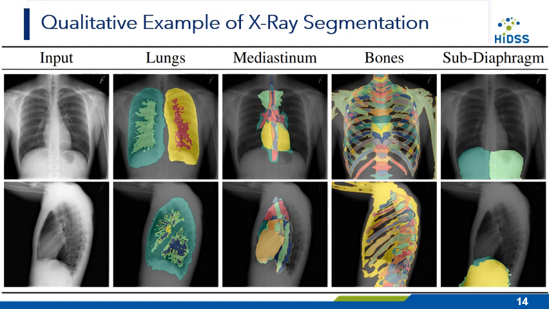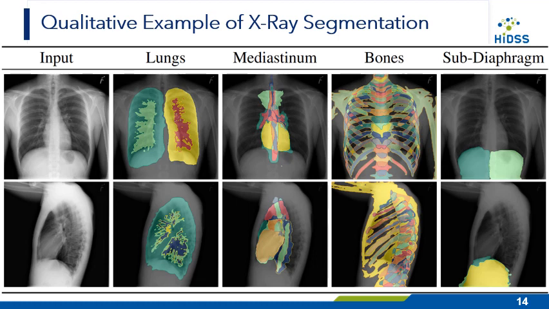To see how our model performs on real X-rays, we applied it on several images on the OpenI dataset without the use of domain adaptation or additional data augmentation. We can see that the model performs reasonably well for the segmentation in frontal views, as the segmentations for lung, mediastinum, bones and subdiaphragm look rather similar to the segmentations of the projected X-ray.